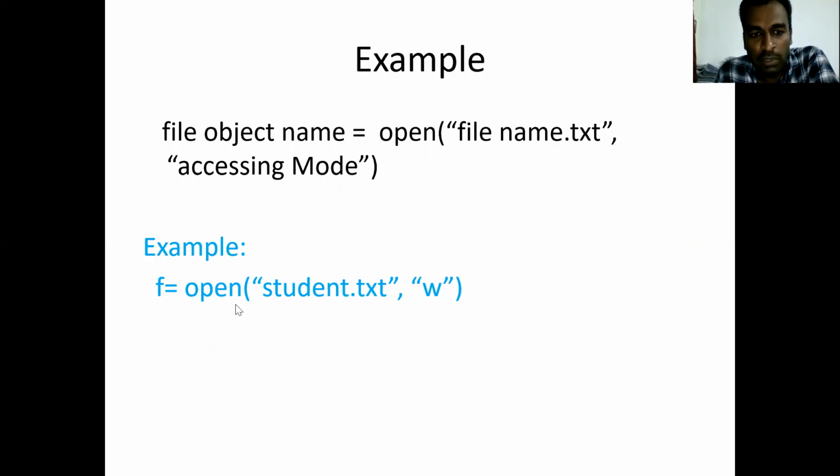This method is used to open the file. Which file do you have to open? The student.txt file. In which mode? Write mode. So here we have to write the information or content into student.txt. That is the use of this write mode.